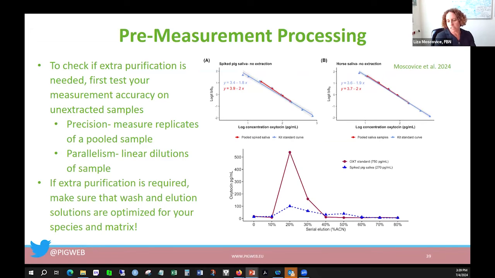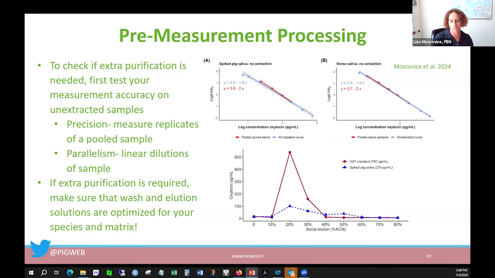There's really good literature on the different methods for solid phase extraction for oxytocin. There's a lot of similarity in the methods. I just recommend checking for your species and your samples what works best for the wash solution. You want a wash solution that is slightly acidic but not eluting oxytocin, so we use a 10% ACN wash solution.